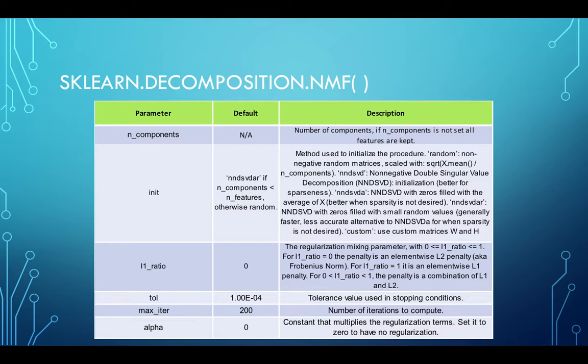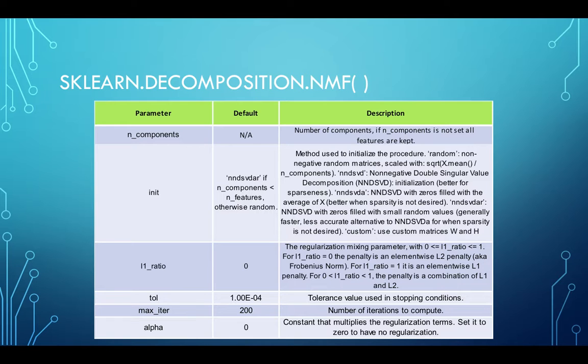Now I will introduce several major parameters for this function. The first is n_components. It's the number of components, and if it's not set, all features are kept. The init is the method used to initialize the procedure.